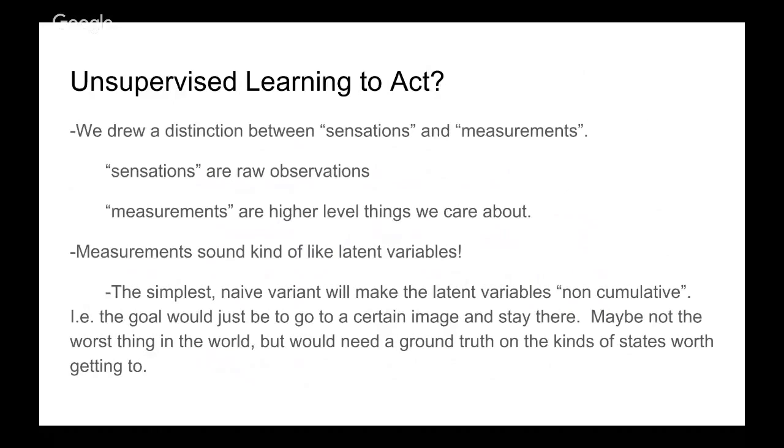As a generative models researcher, measurements sound kind of like latent variables. Yeah, definitely. You can imagine training an encoder which just predicts all these measurements. It should be completely possible. You just need some supervised data, or you could just train a variational autoencoder and try to get these measurements.